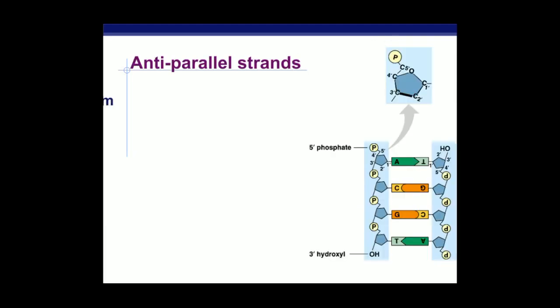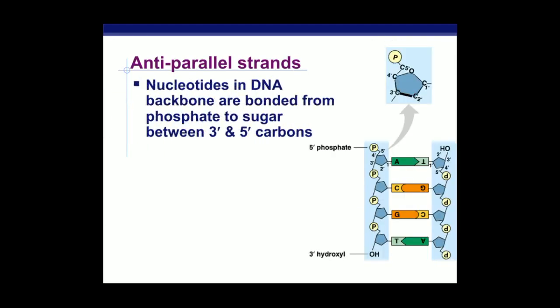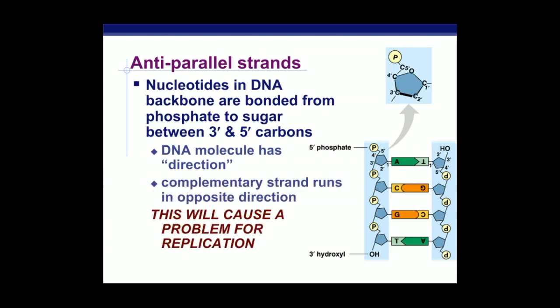Now we need to understand the anti-parallel strands, a very important term to understand here, guys. The nucleotides in the DNA backbone are bonded from phosphate to sugar between the 3' and 5' carbons. DNA molecule has directions, and the complementary strand runs in the opposite direction.